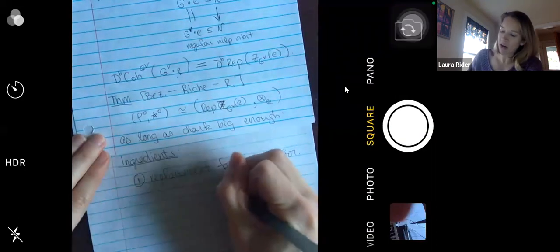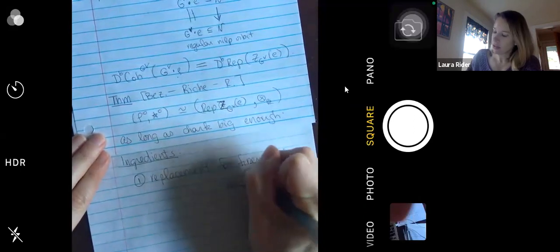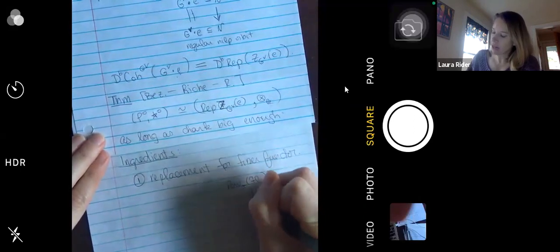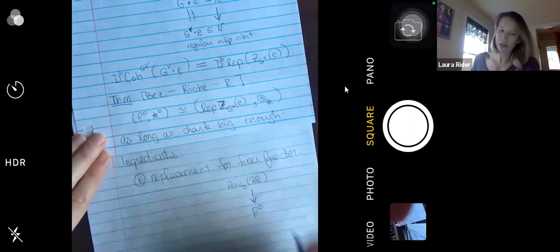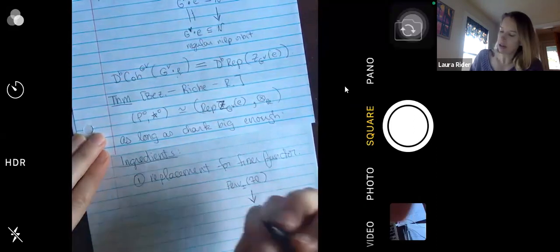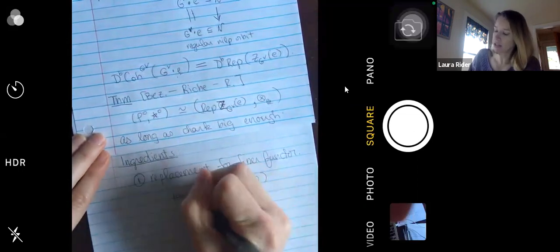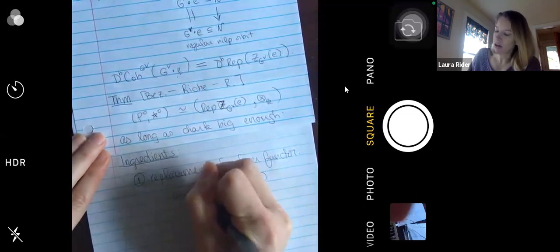So how does this go? I have perverse sheaves on the flag variety, and then I have my quotient to P0. The way that I get a group showing up is the following. I have to look at perverse sheaves on a different space called the affine Grassmannian.